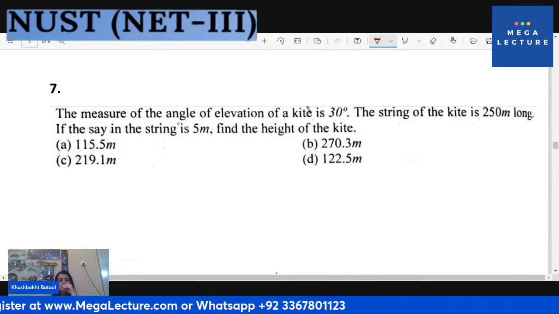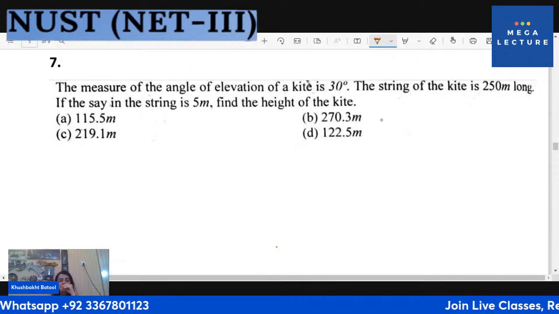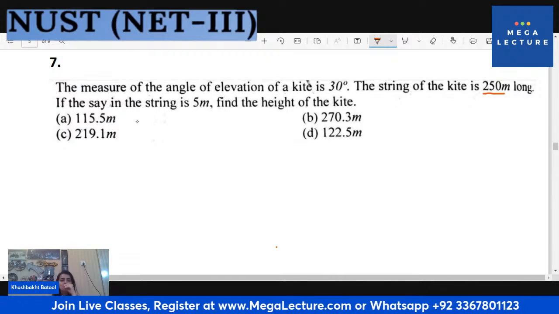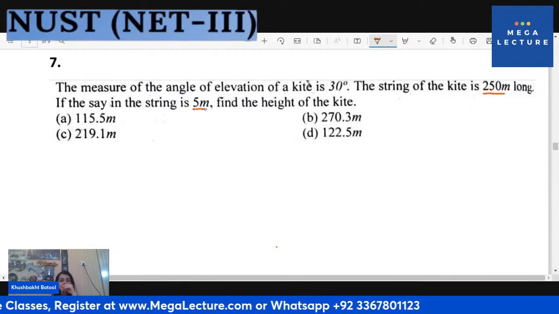The measure of the angle of elevation of a kite is 30 degrees. The string of the kite is 250 meters long. If the sag in the string is 5 meters, find the height of the kite.